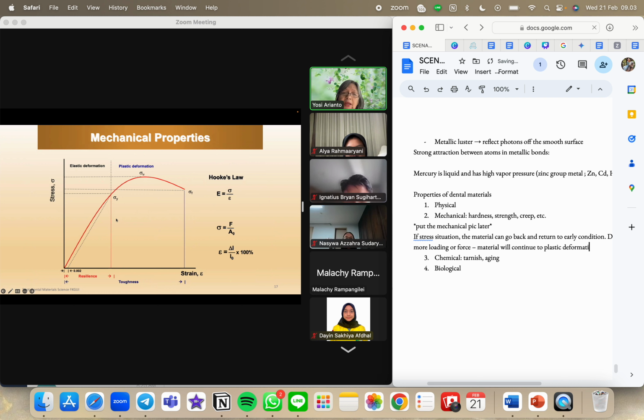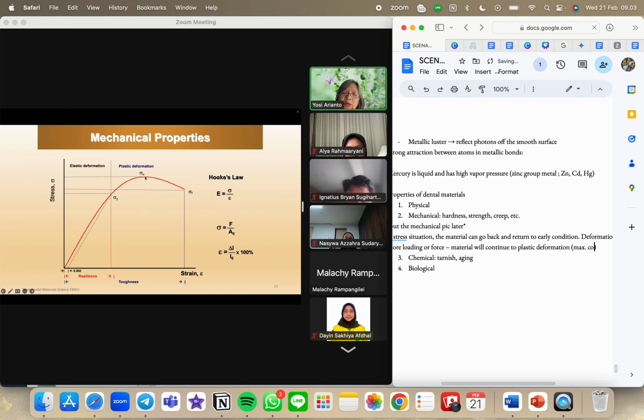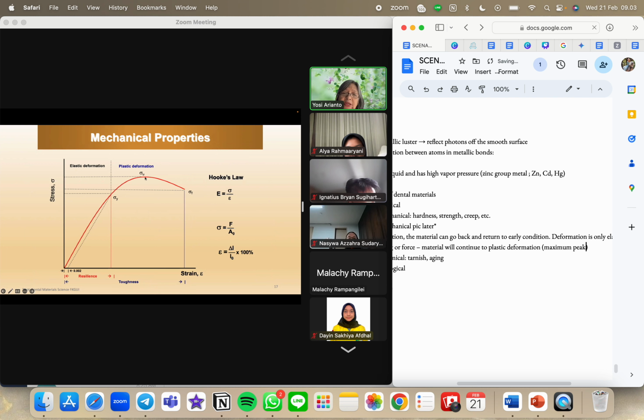And then if you still give more force or stress, because of the properties of the materials, the curve will go down like this, and at some point they will fracture here.